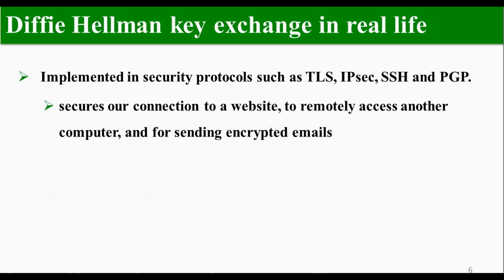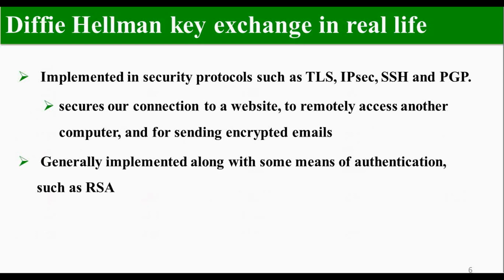And one more thing, Diffie-Hellman key exchange can be combined with some other authentication algorithms, because the drawback of the Diffie-Hellman key exchange algorithm is that it lacks authentication. Okay, that's why it can be combined with RSA or digital signatures. So how can we say that it lacks authentication? In the previous example, if you take Alice and Bob, Alice could not prove her identity to Bob.